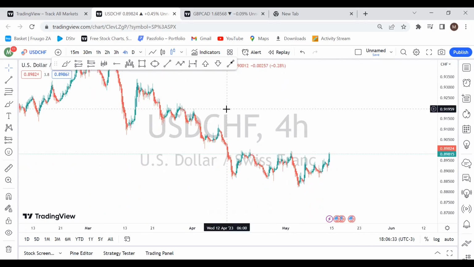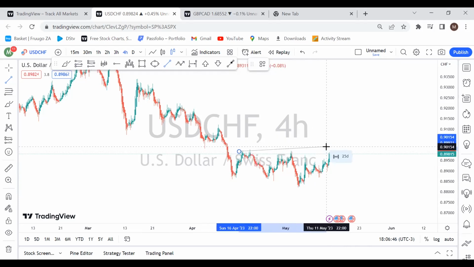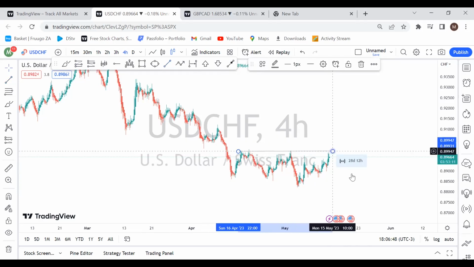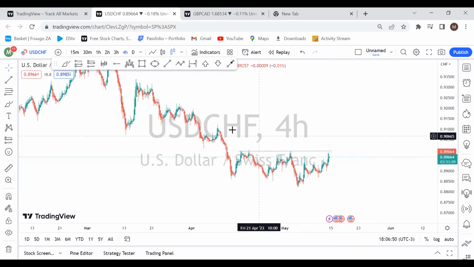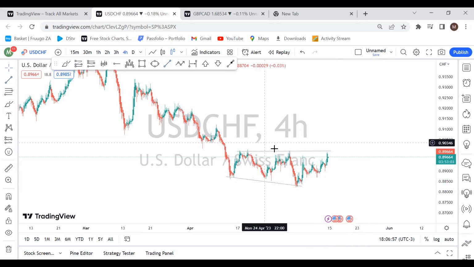Once again, starting from the 4 hour time frame, the first thing that we do is spot the structure, right? So in this case, it's where we have our resistance on our structure, and there you have your support, right?